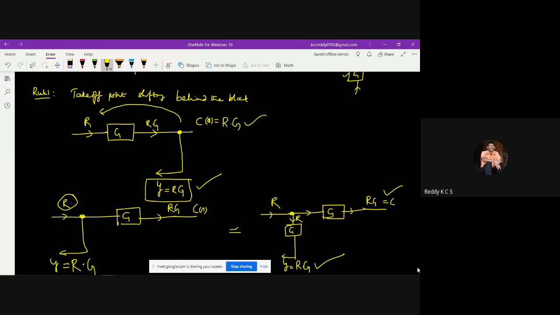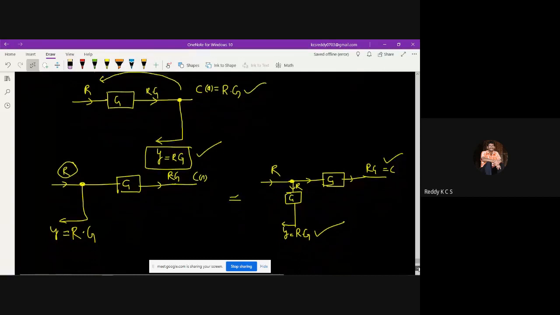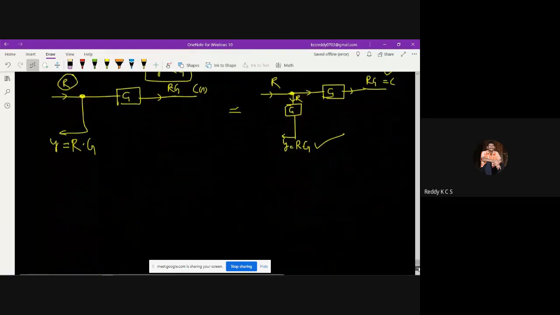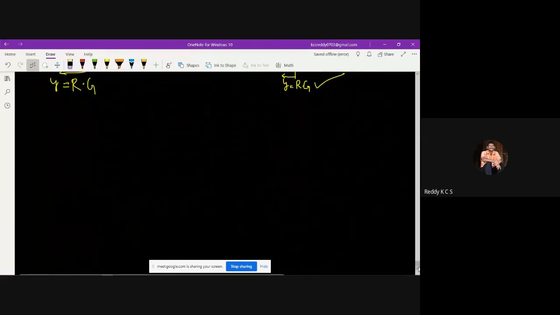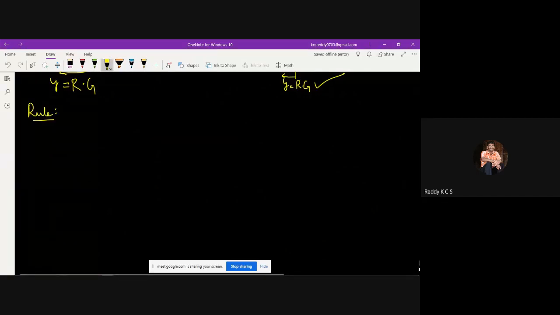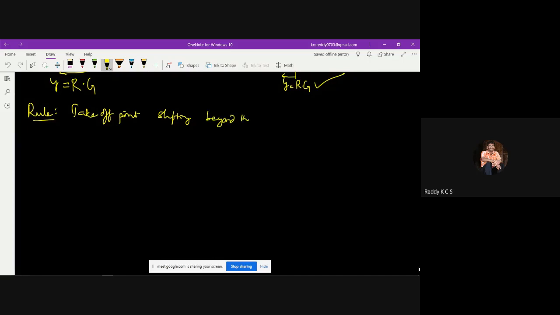Similarly, when the takeoff point is shifting towards the right side, the next rule is takeoff point shifting beyond the block, or towards the right side.